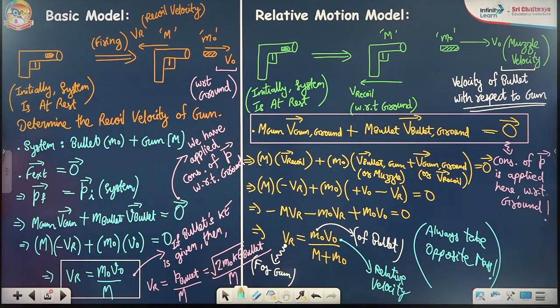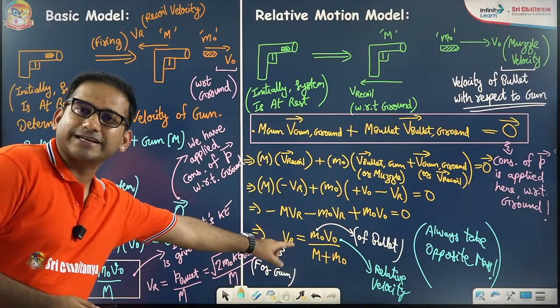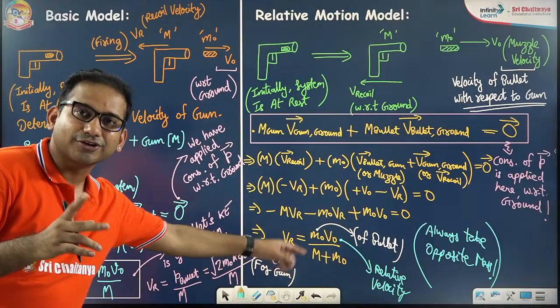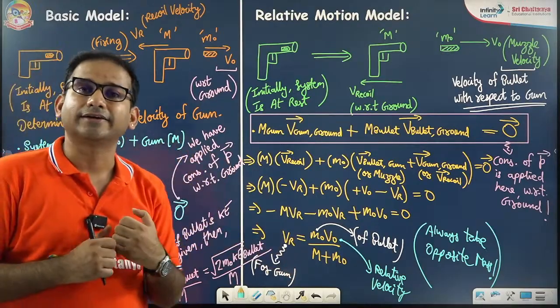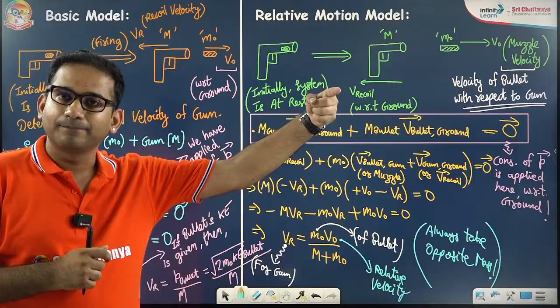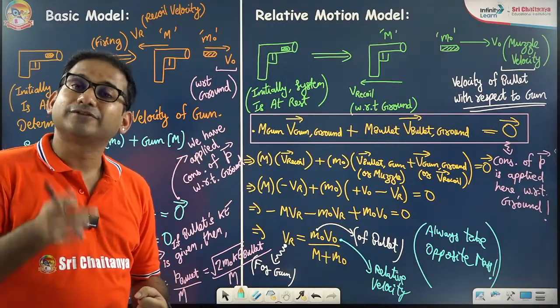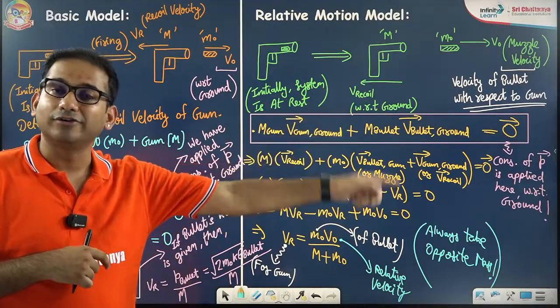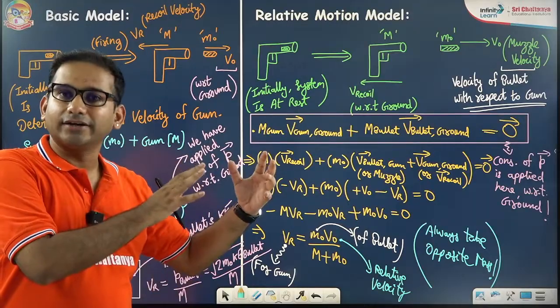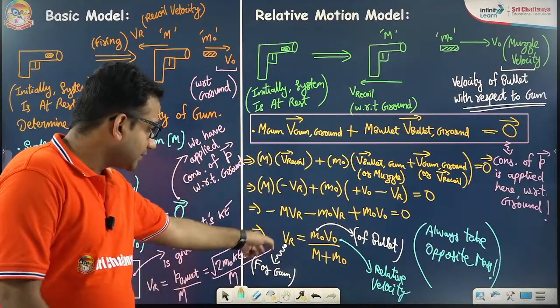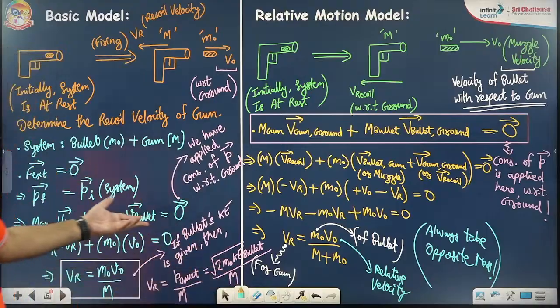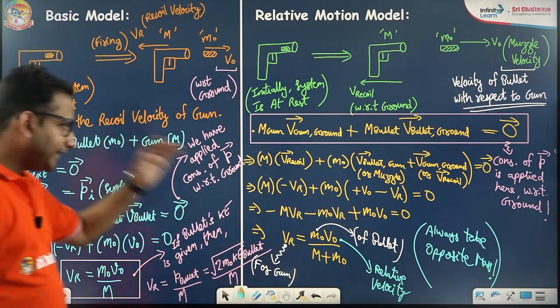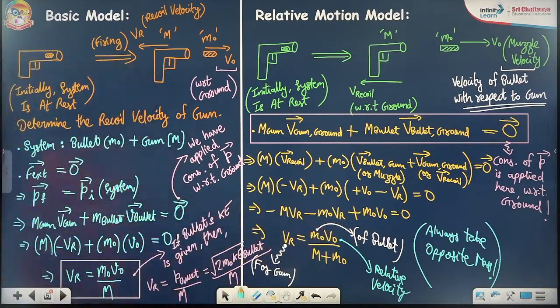I would want you to take a screenshot of this, and then I'll re-emphasize this shortcut. Are you understanding the shortcut? If you are writing the velocity of the bullet, then it should be mass of gun. If you are writing the velocity of the gun, then it should be mass of bullet. Always take the opposite mass into relative velocity by total mass of the system. See the same pattern over there. Okay, take the screenshot, then we will talk many times about the same pattern in many different models.